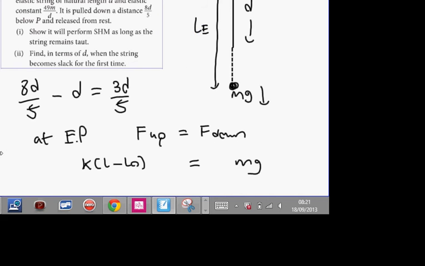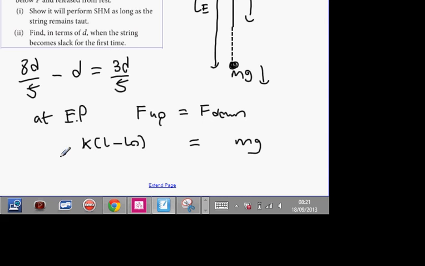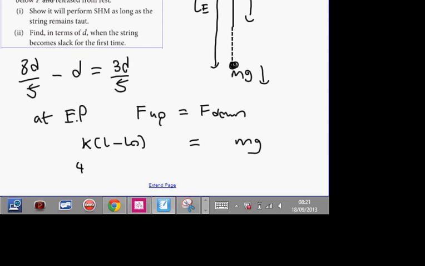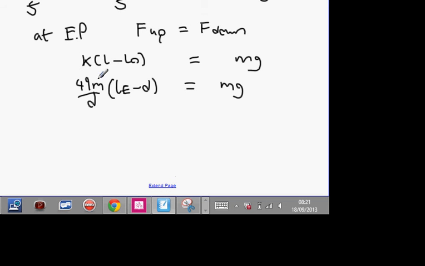So what's the value for k? It's 49m over d. So 49m over d multiplied by LE minus L0. What's L0? d. This equals mg. Now let's see what we can cancel out. The m's can cancel because they're being multiplied on both sides.